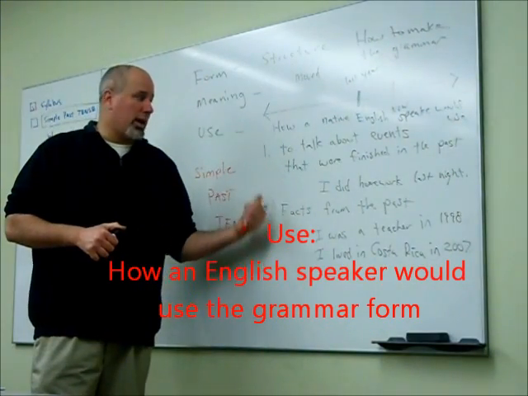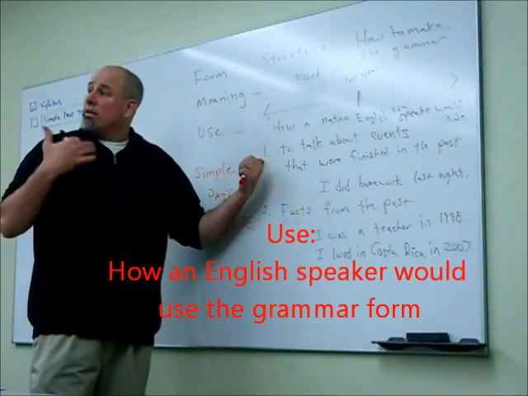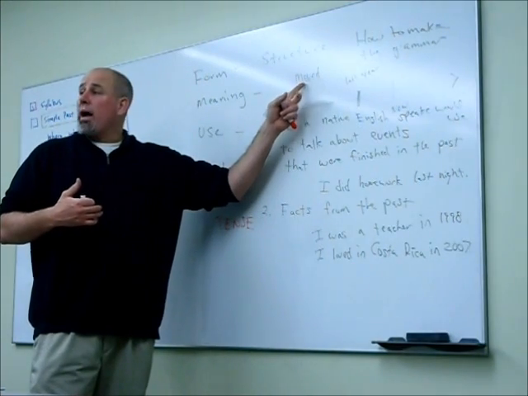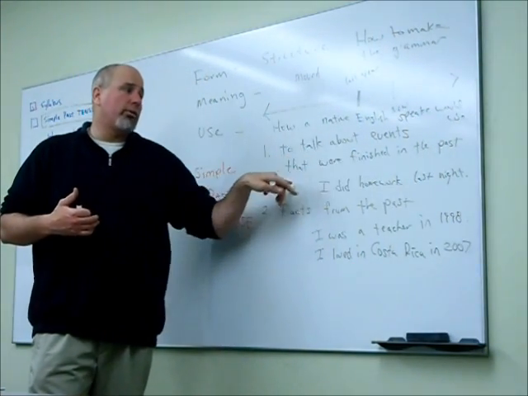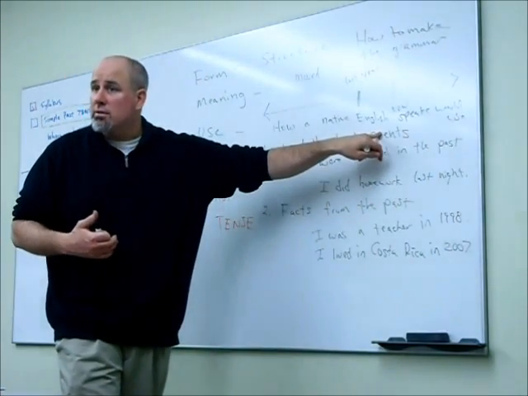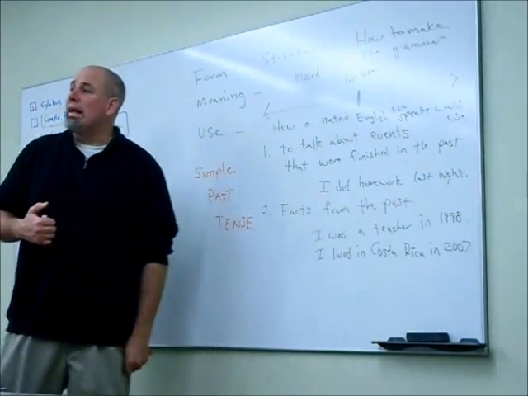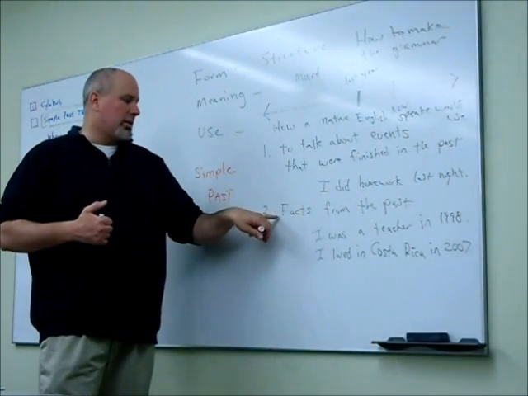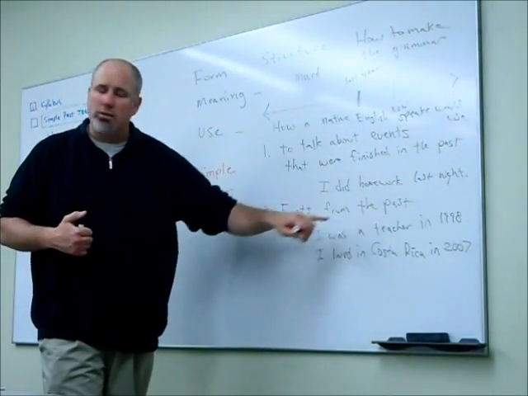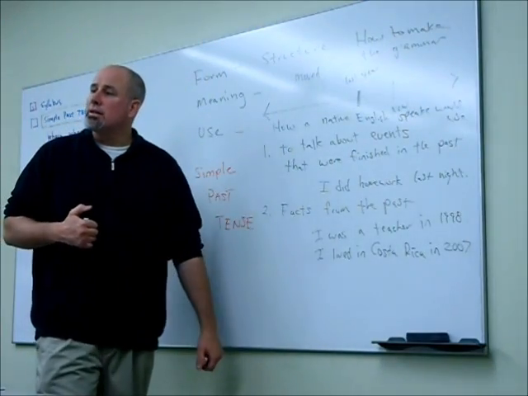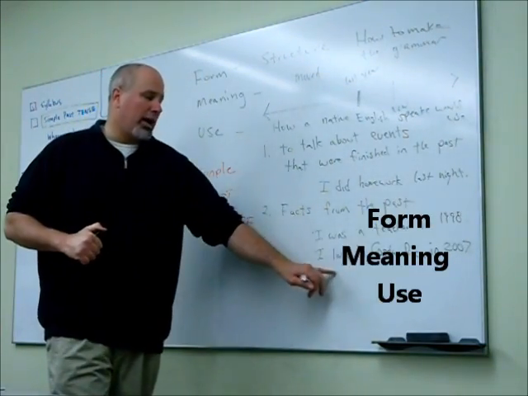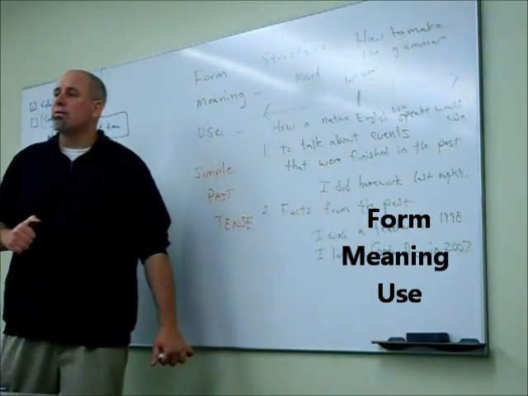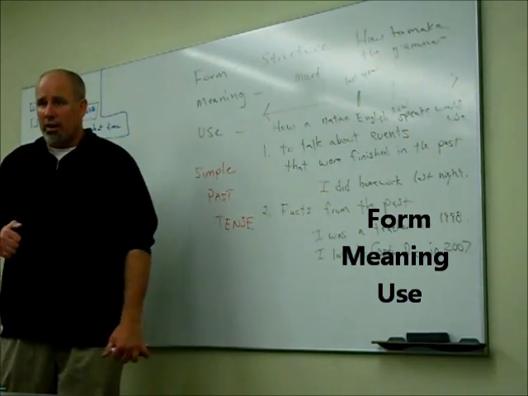And we gave you some examples. A native English speaker would use the simple past tense to talk about events that were finished, events or activities. A native English speaker would use the simple past tense to talk about facts from the past. For example, I was a teacher in 1998, or Mike said, I lived in Costa Rica in 2007. Okay?